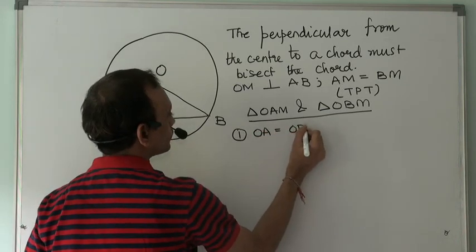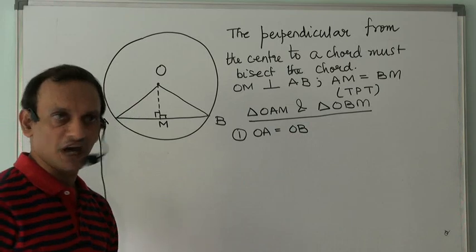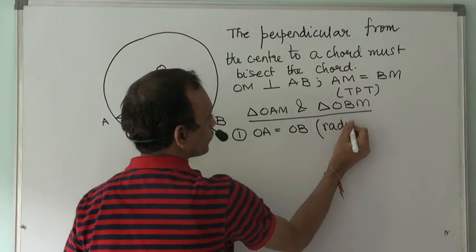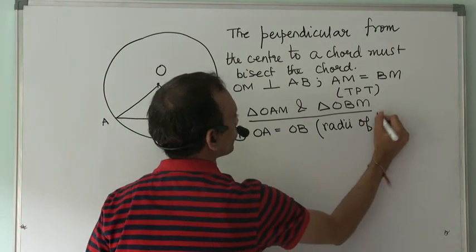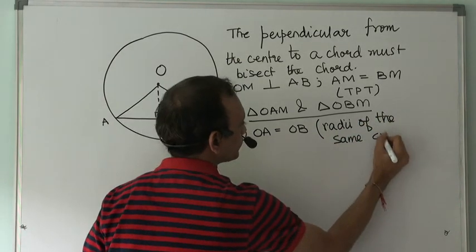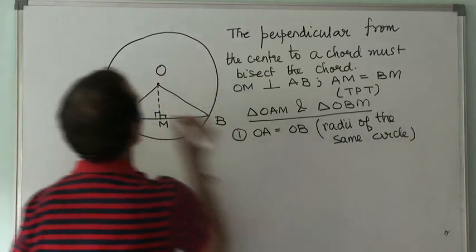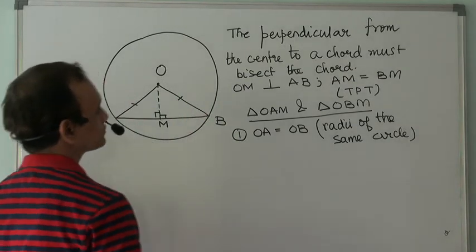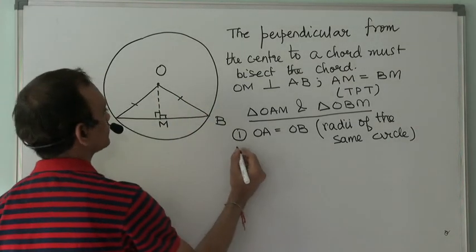Why so? Because they are the radii of the same circle. Clear? Both OA and OB represent the radius of the same circle. So they must be equal.